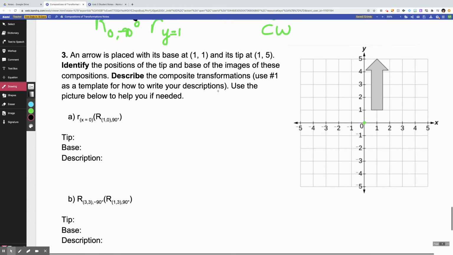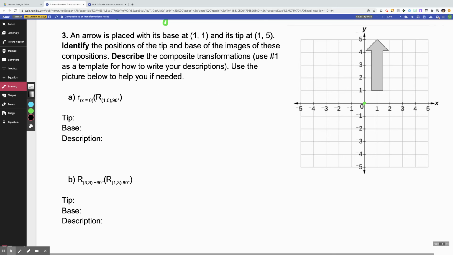Okay. All right. So let's look at 3 here. Okay. Where I have this lovely arrow. And they gave me a couple coordinate points to pay attention to. So I have like the middle of my base at the point 1, 1, and then the tip of my arrow at 1, 5.